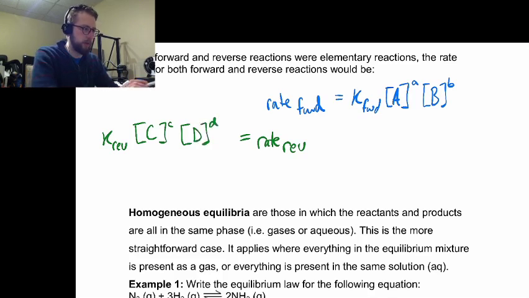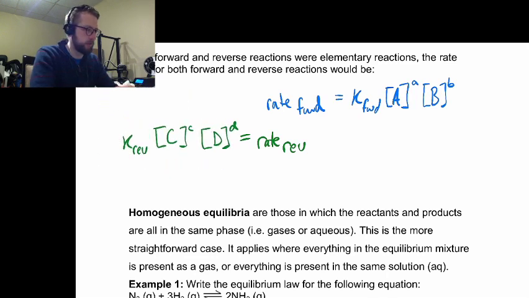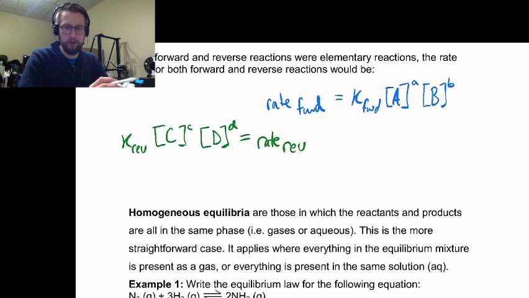How do you feel about that? Does that statement seem to make sense? I haven't said anything too exciting yet. Anybody see where I'm going to go for the next step? What assumption did we just say at equilibrium?